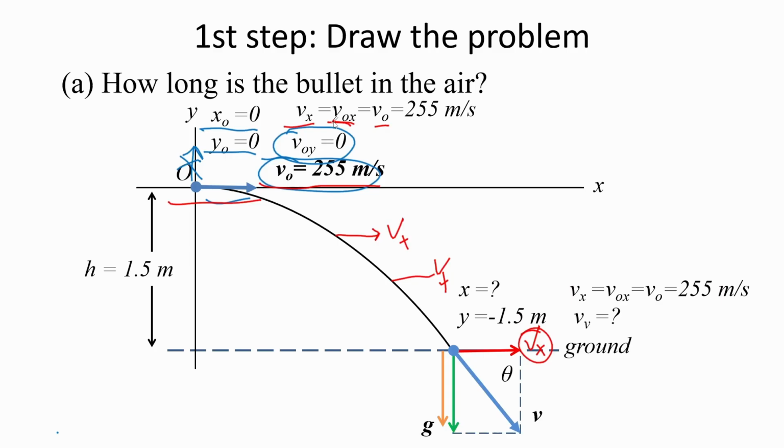There is also Vy, which is unknown. The height is 1.5 meters, negative because it goes downward. The x would refer to this one, which is how far it travels. Okay? So the question is, how long?